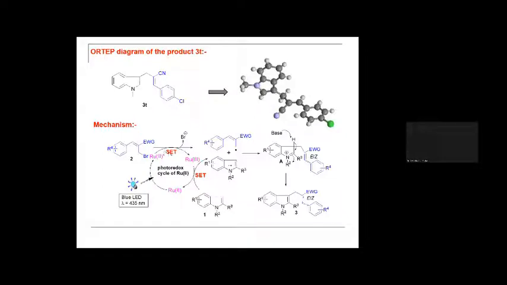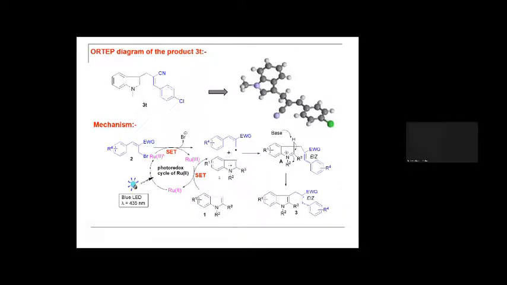This is the mechanism of the reaction, in which Baylis-Hillman bromide undergoes single electron transfer with the ruthenium bipyridyl complex in the excited state, and with light undergoes debromination and forms the allyl radical.